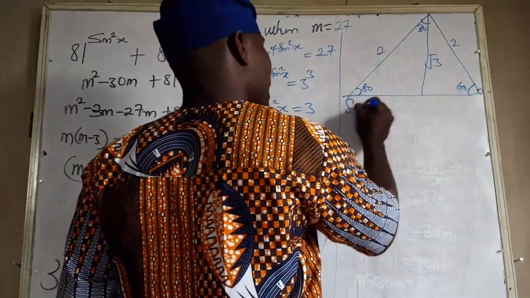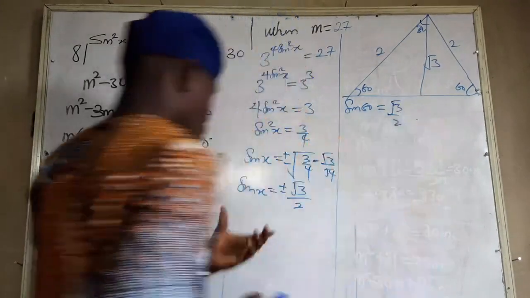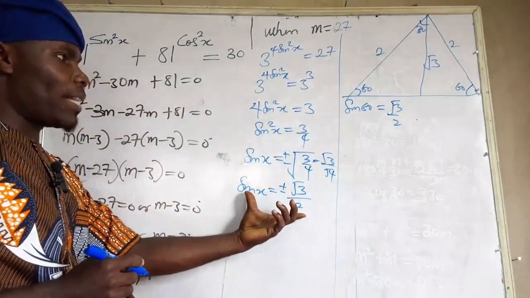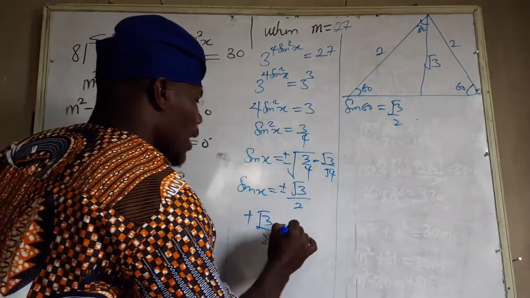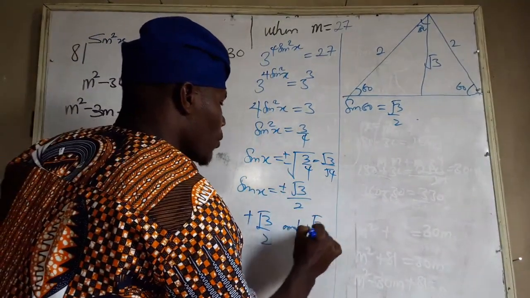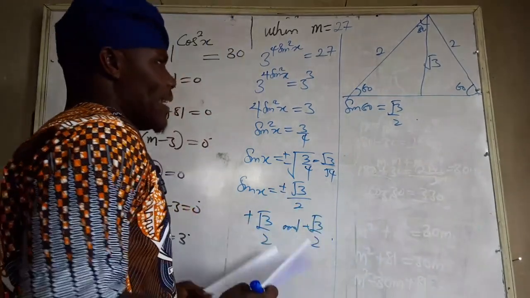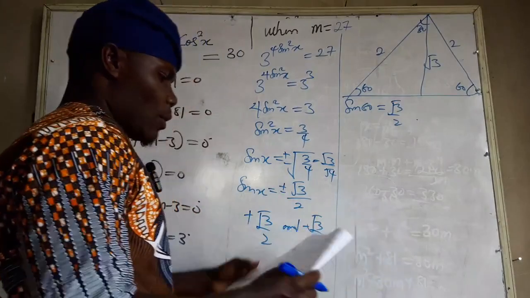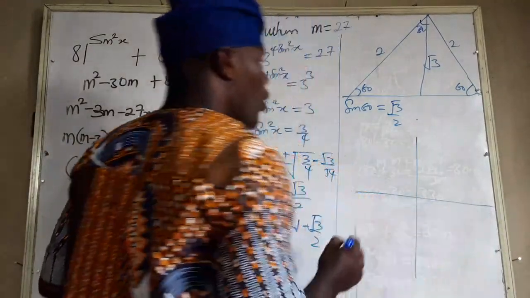So that means sine 60 will give you root 3 over 2. So that is where we get it. Now we are going to consider when it is plus root 3 over 2 and when it is minus root 3 over 2.